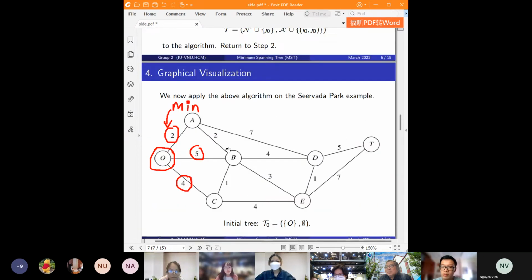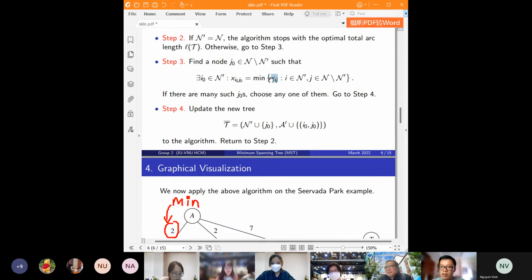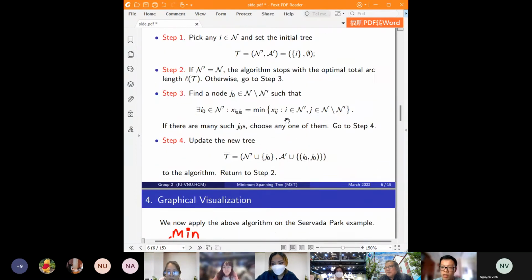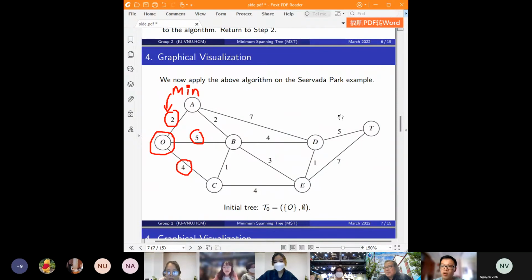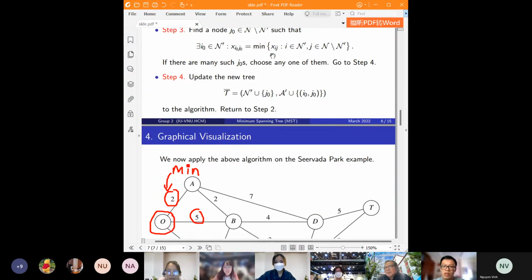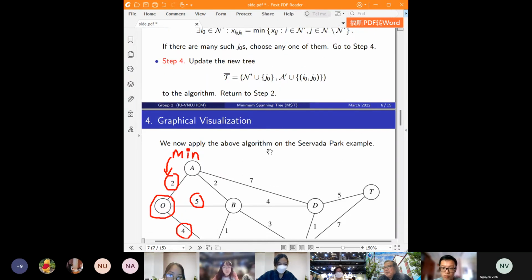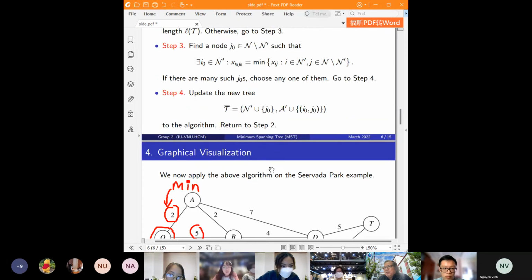So of course O and C will not be a pair listed in the set, because Xij is only defined for the direct arc that is already included in the initial graph that connects the node I and the node J. But here we do not have the direct arc connecting O and C, so we don't consider OC for this set. So we only consider the nodes that already have an arc in the initial graph, that are OA, OB, and OC. So something you write down in step 3, maybe you need to improve it.